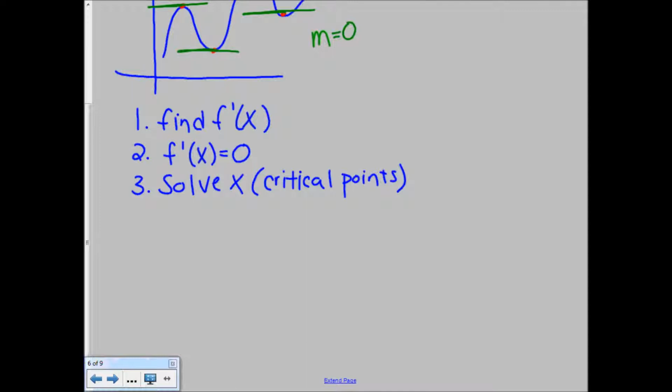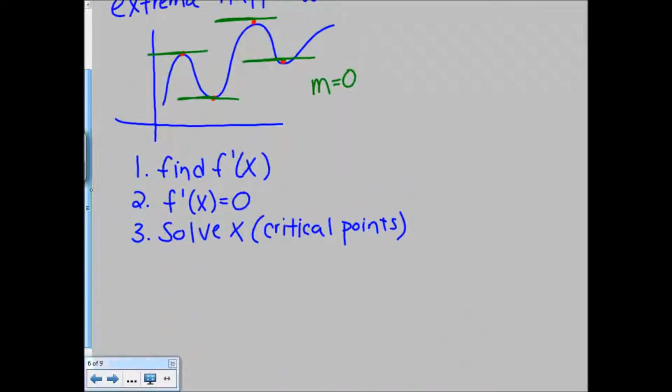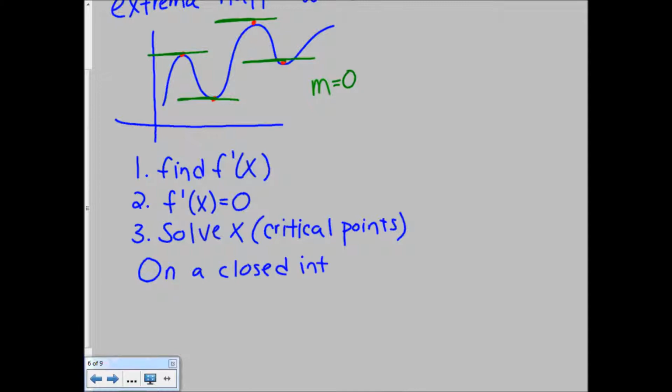So now, there are a few different ways to test that. In this section, we're just going to be talking about finding extrema on a closed interval. So on a closed interval from a to b, this other step that we have to go about doing to find the extrema is now we have to actually find all the y values. So step 4 is going to be to find the y values for all of your critical values, for all critical points.